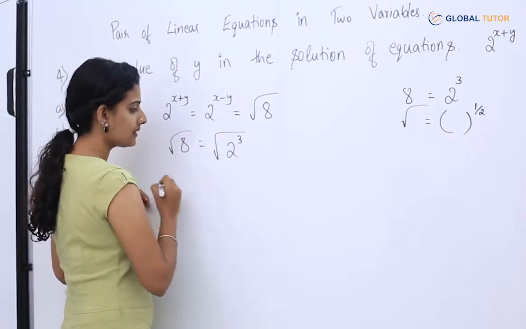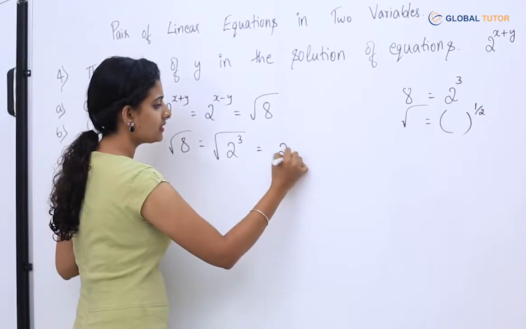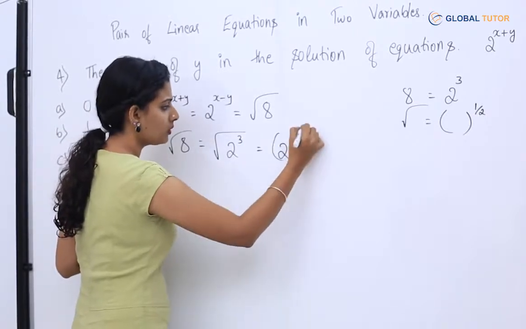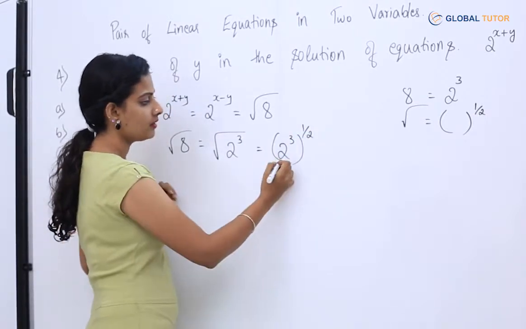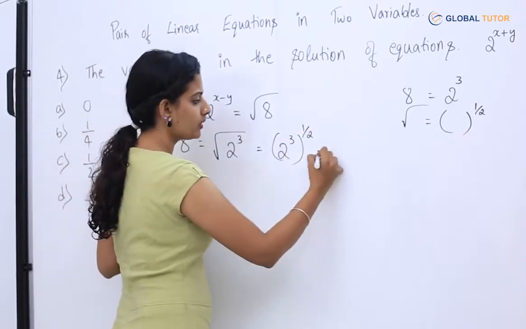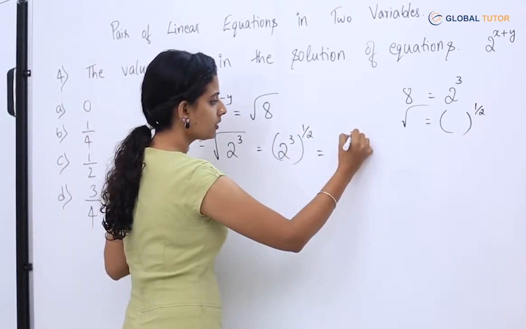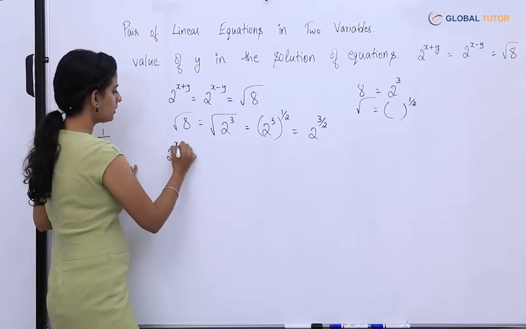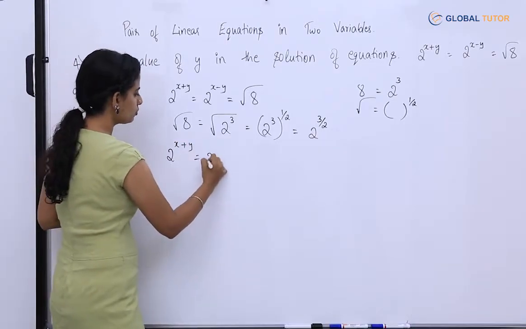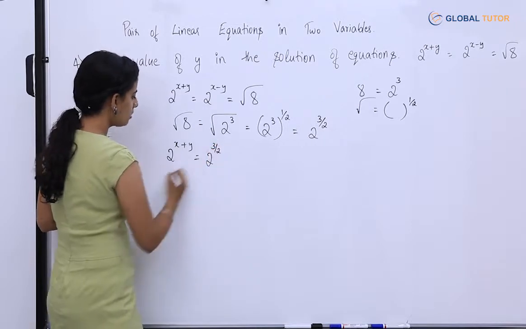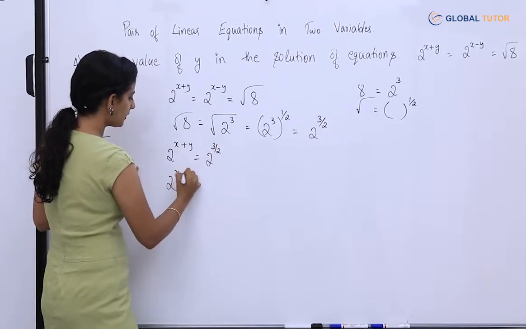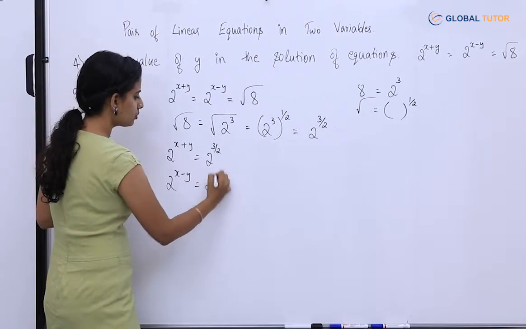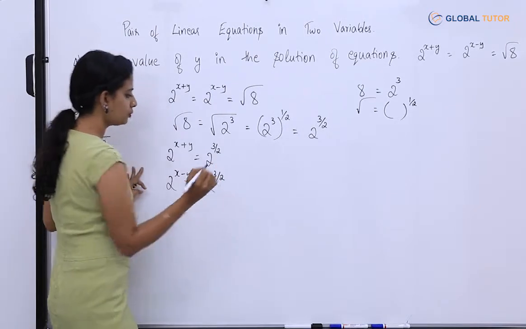Now, because there is root here, this can be written as 2 cube whole power 1 by 2. And 2 cube whole power 1 by 2 is what? 2 power 3 by 2. Now, 2 power x plus y is equal to 2 power 3 by 2, and 2 power x minus y is equal to 2 power 3 by 2.